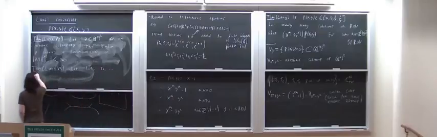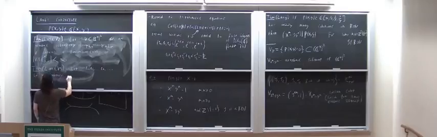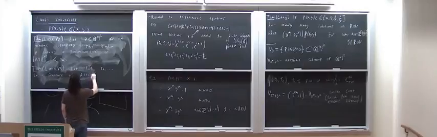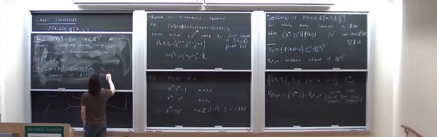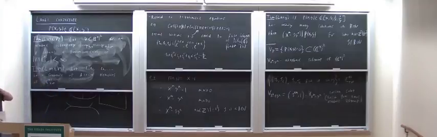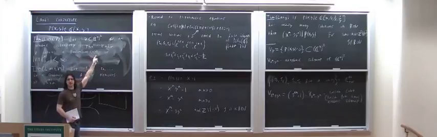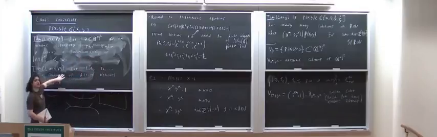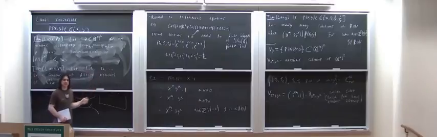Let this be a sequence of distinct elements of C star squared, all of which are torsion. Okay? Here we were talking about starting with a variety, and asking which torsion points it contains. Here we're starting with just a sequence of torsion points in C star squared.